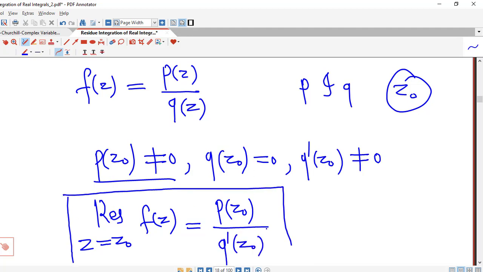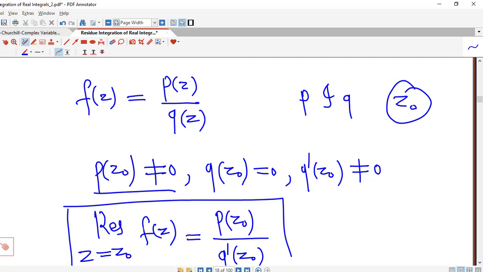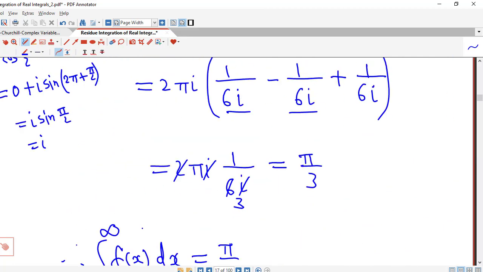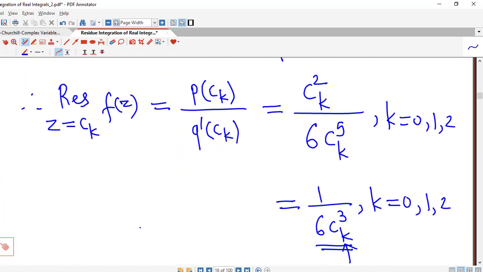So this result is used here as well as in the earlier lecture to find out residues of f of z at a certain point. Okay, so this is all about this lecture.